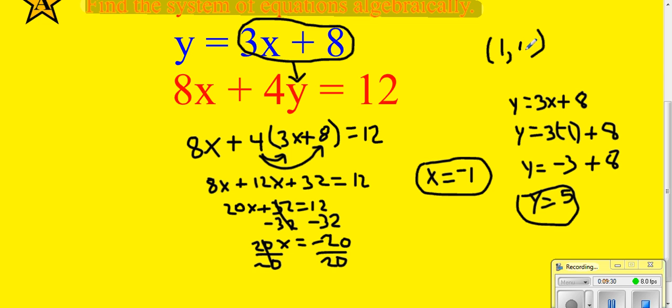So the solution of the system of equations using substitution is 1, 5. And that's how you solve the system of equations using substitution.